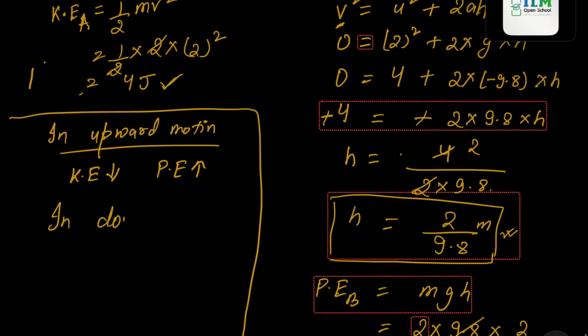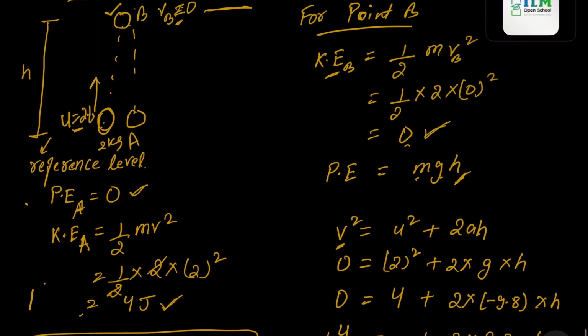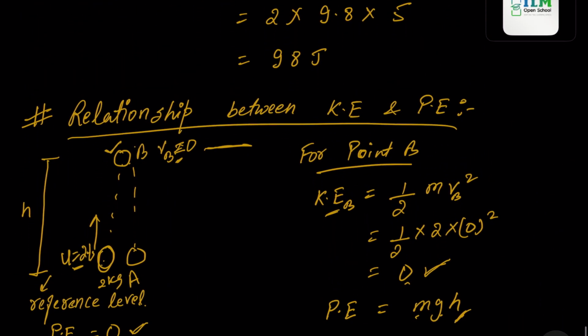In downward motion, what happens? Kinetic energy will increase and potential energy will decrease. Okay, when this ball comes down again, what happens? Here at point B, its velocity is zero, but when it comes down, its velocity will again increase.